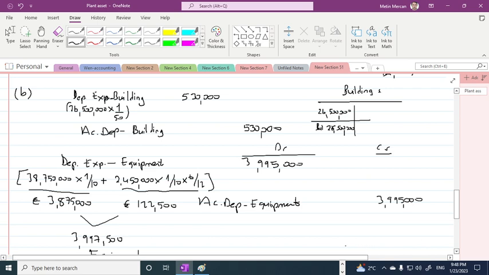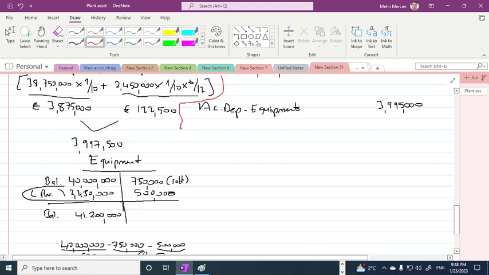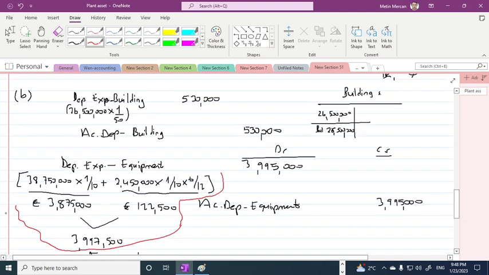So that will be the adjusting entry. This is the calculation of how much depreciation adjustment for equipment should be done in this year. Okay. This is done December 31, 2020.